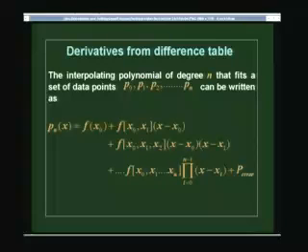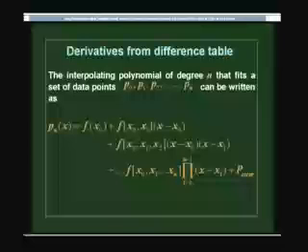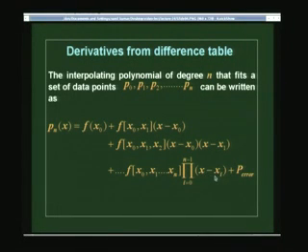For the nth order term, we have to find the product of n factors x minus xi, that is x minus x0 into x minus x1 into x minus x2 up to x minus xn minus 1. So, we have to find that product first, and then multiply it by the coefficient, and then add it to the next product and multiply it by the next coefficient, etc. That is what we have been doing here.